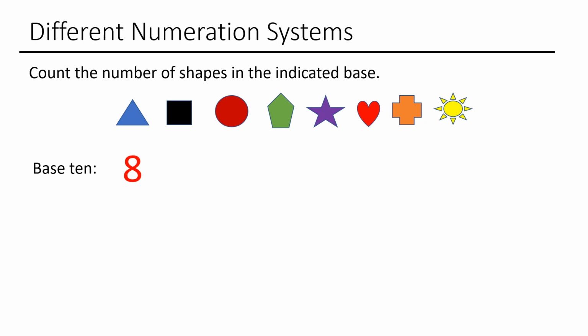But now we're going to change this number system. Instead of base 10, we are in base 3. Basically what that means is instead of grouping things in groups of 10, we will group things in groups of 3. So we still have 8 objects up here.